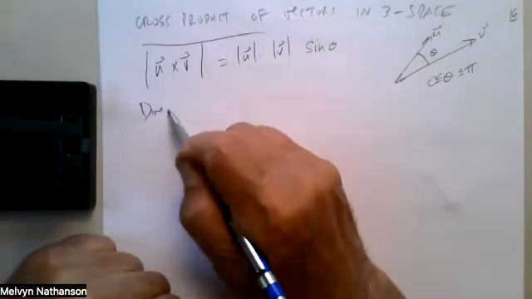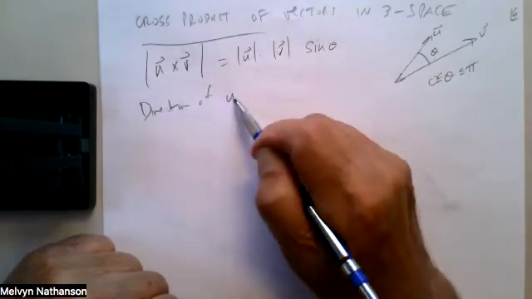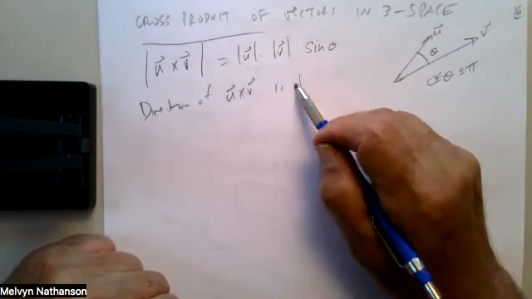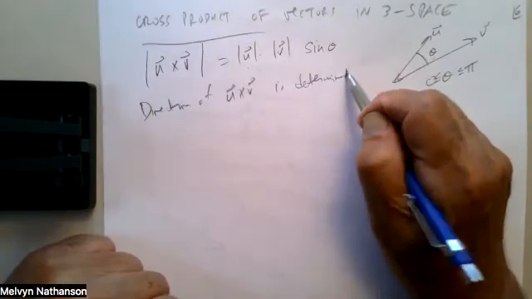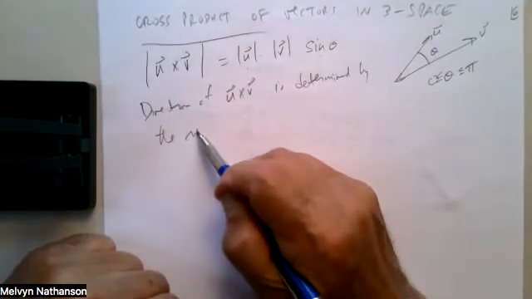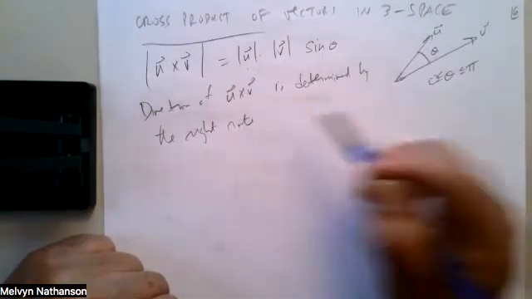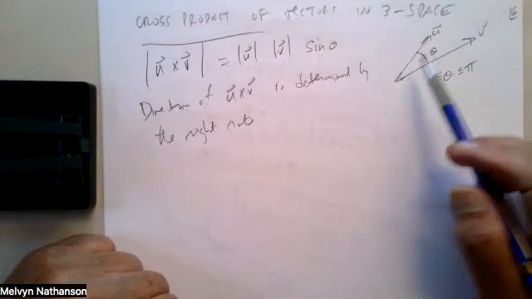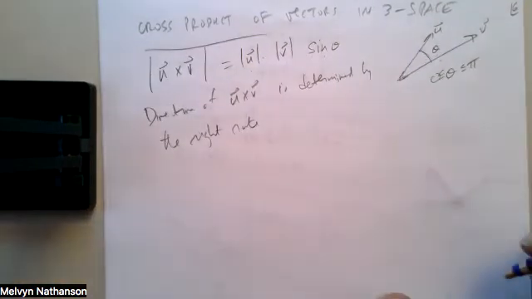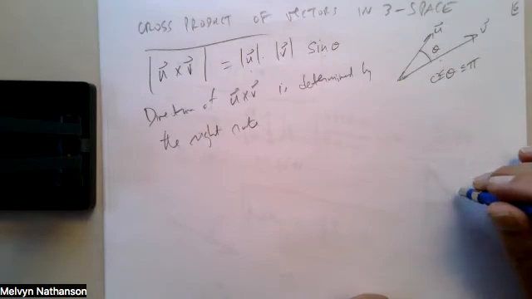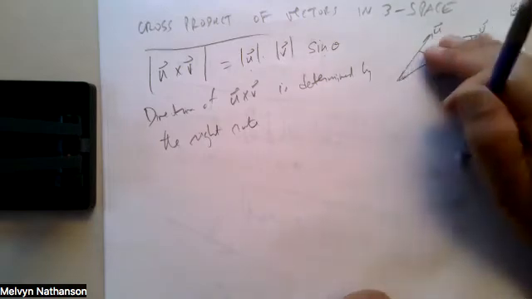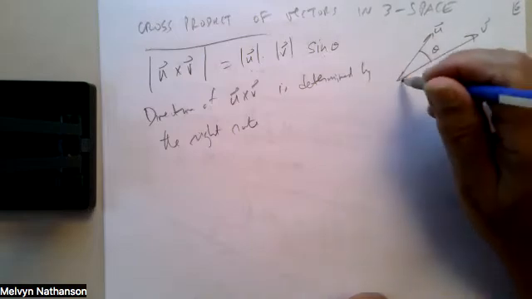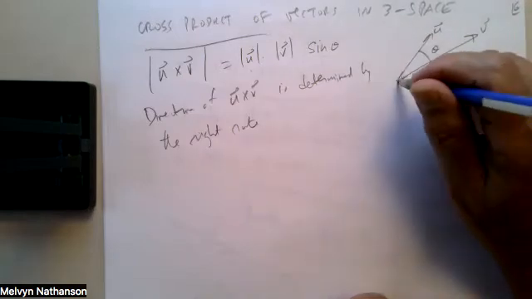And the direction of this vector is determined by a right-hand rule. It's going to be a vector perpendicular to both u and v. If you think of two vectors, there are two perpendicular directions. If you take this plane, there's a perpendicular through the origin, and you have to determine which is the plus and which is the minus direction.